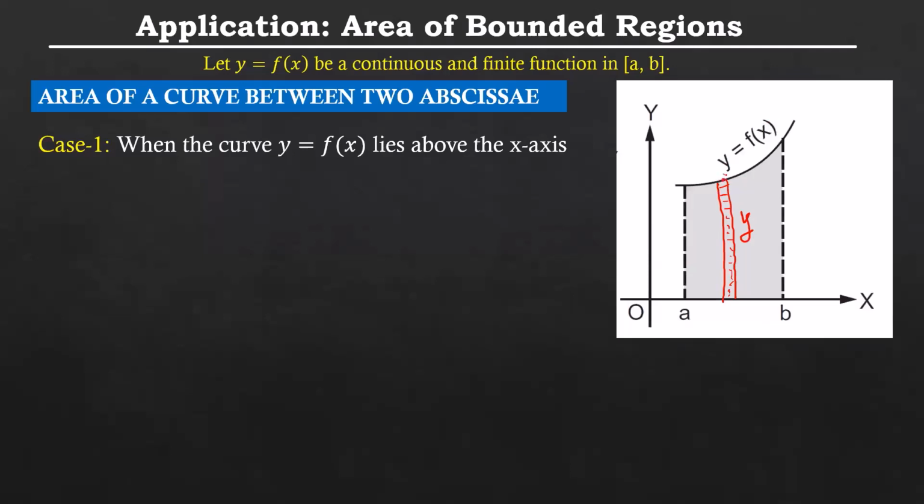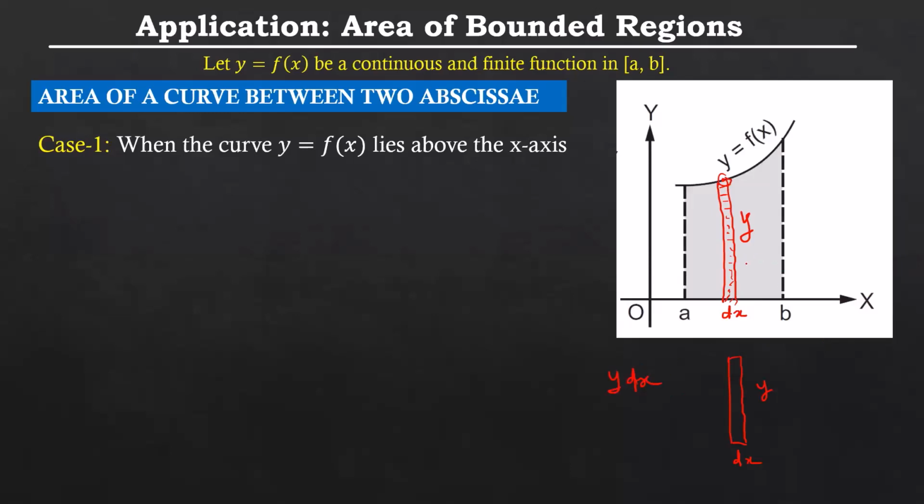At that point, this is your y value. If you take an infinitesimal strip of dx length over the x-axis, what is the area of the rectangle? You have a rectangle with height y and breadth dx. Now what is the area? It is y dx.